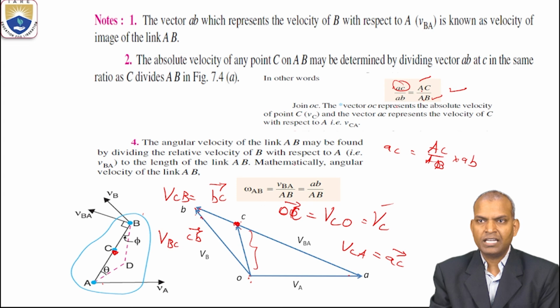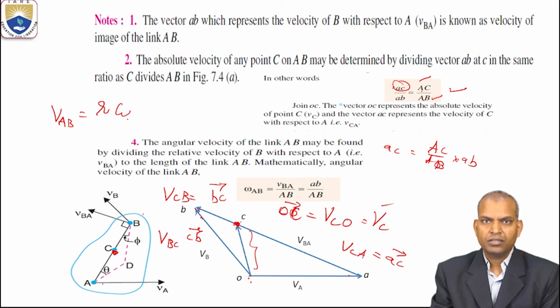Now the angular velocity of the link AB may be found by dividing the relative velocity. What is that relative velocity? The angular velocity of link AB: we know that V equals R omega, so VAB equals R times omega AB. We know the length or radius if we know the dimensions. VAB we just found out. Now how do we get the angular velocity omega AB?